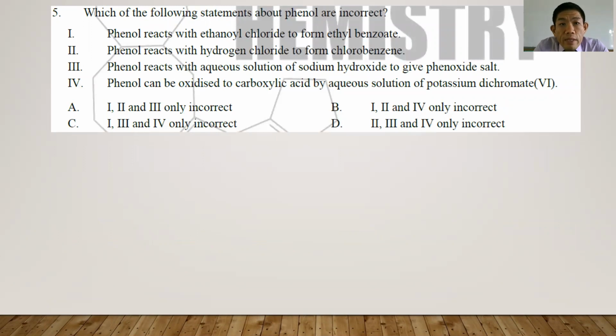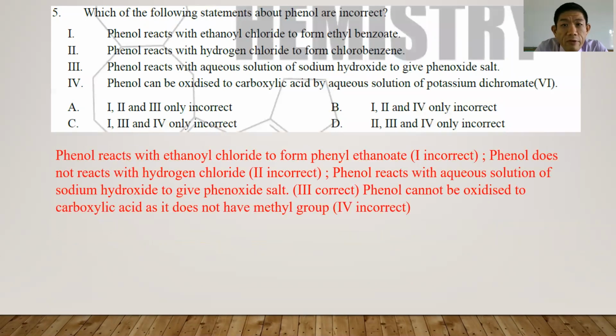Number 5, which of the following statements about phenol are incorrect? Number 1, phenol reacts with ethanoyl chloride to form ethyl benzoate. Number 2, phenol reacts with hydrogen chloride to form chlorobenzene, which cannot happen. Phenol cannot react with hydrogen chloride. However, ethanol can. Ethanol can react with hydrogen chloride catalyzed by zinc chloride to form chloroethane.